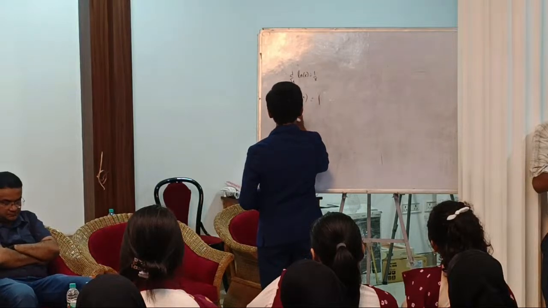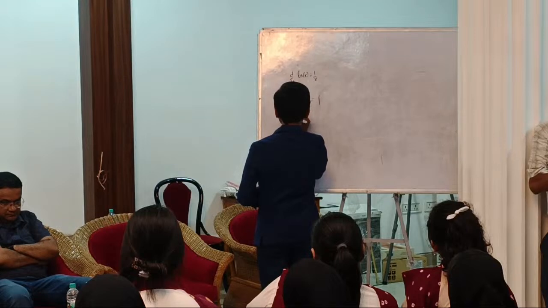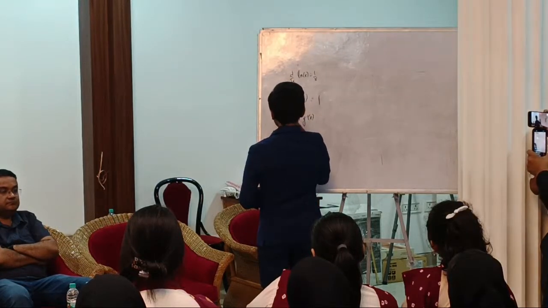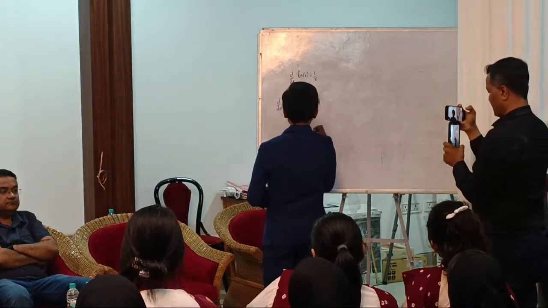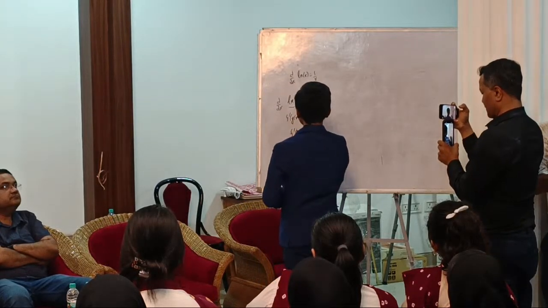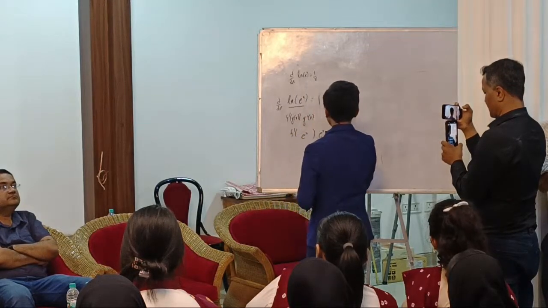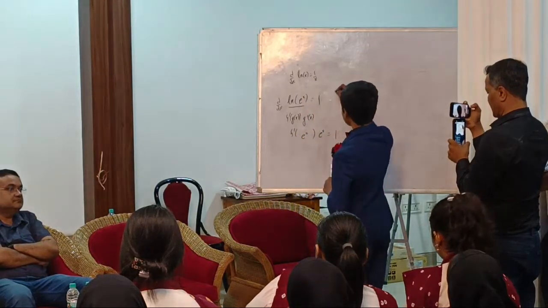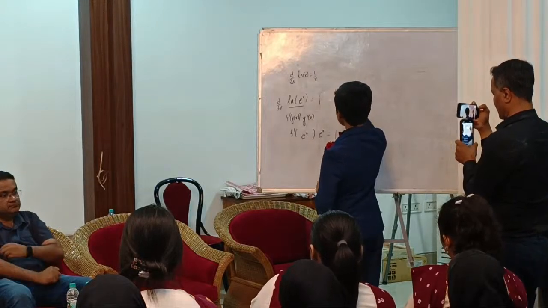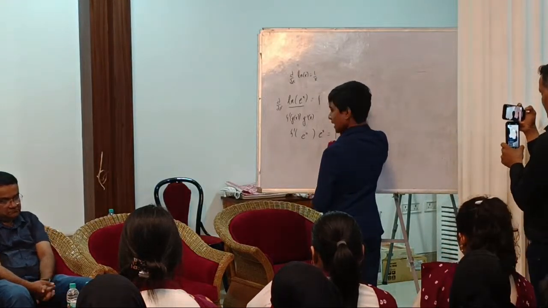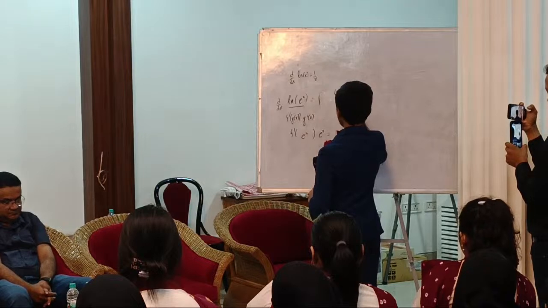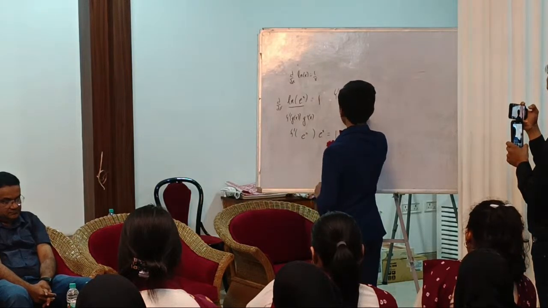By the chain rule, this is equal to f prime of g of x times g prime of x. So we have whatever the derivative of ln is, evaluated at what's inside, multiplied by the derivative of what's inside. That means f prime of e to the x has to be equal to 1 over e to the x. By the same logic, f prime of x has to be equal to 1 over x.